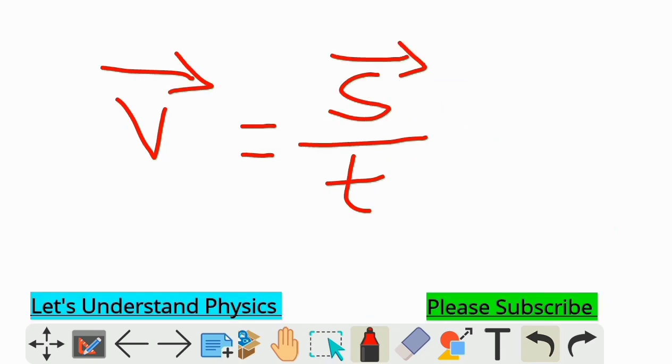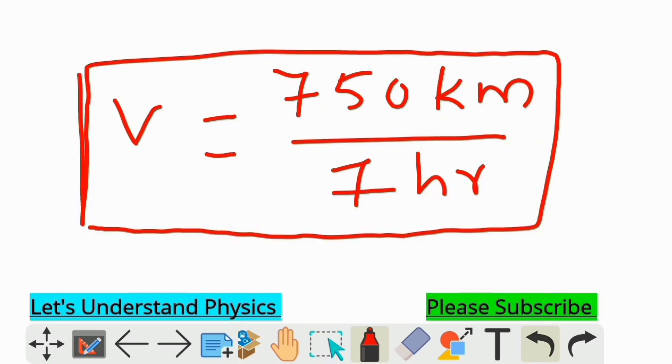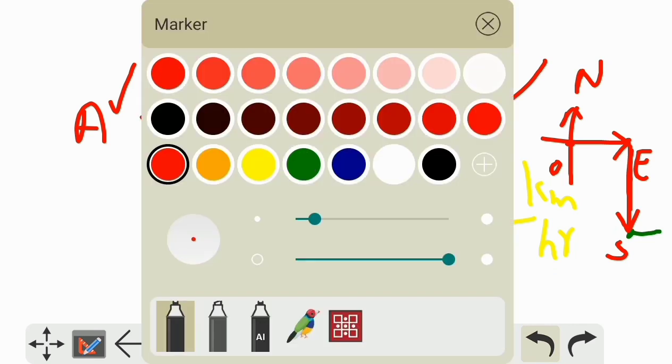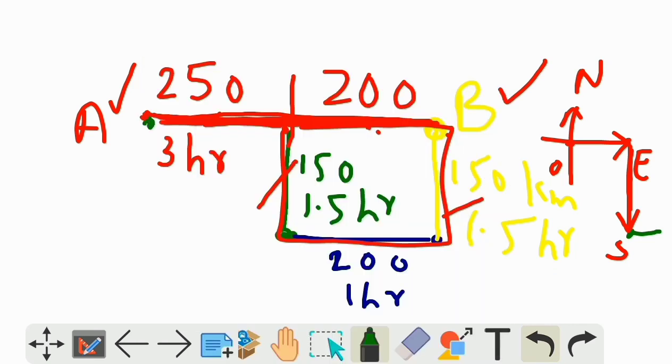Now, let's see what is the direction. Now, if you observe, this is the place where he has started from A towards right. He has traveled, isn't it? Now, from origin towards right means what is the direction it is? Towards east only, isn't it?